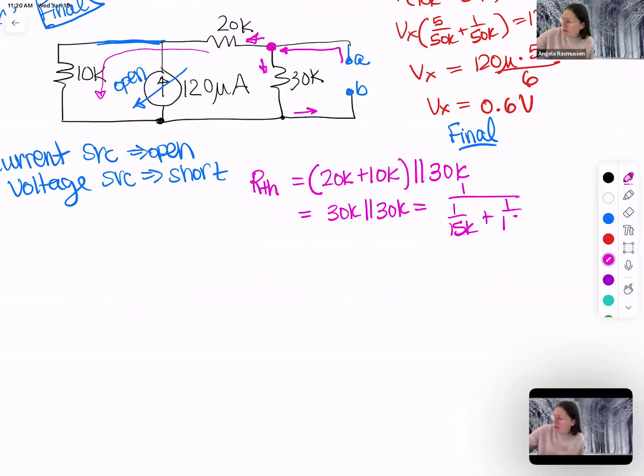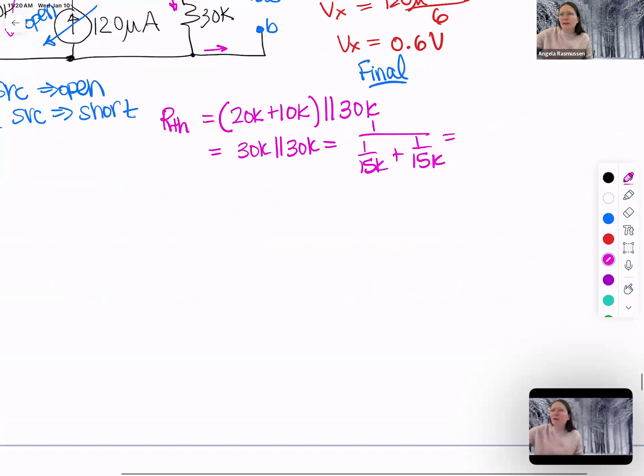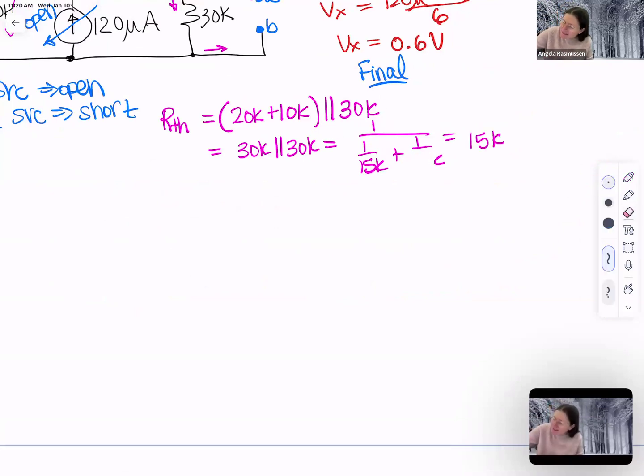And you can either put it in your calculator or realize that when you have them equal, that's exactly a half. So 15, oh, these are 30K, sorry. So it becomes 30K divided by 2. Oh my, I just did it again. Okay, 30K, there we go. Okay.